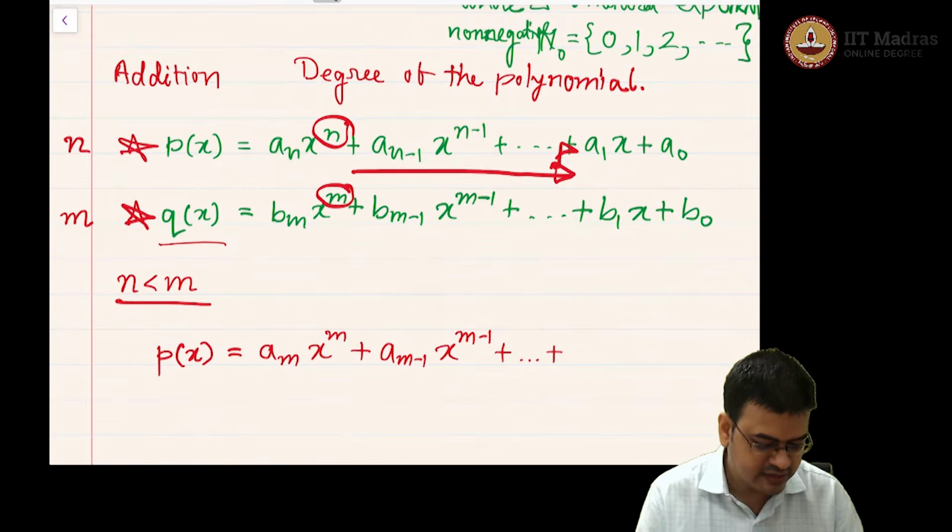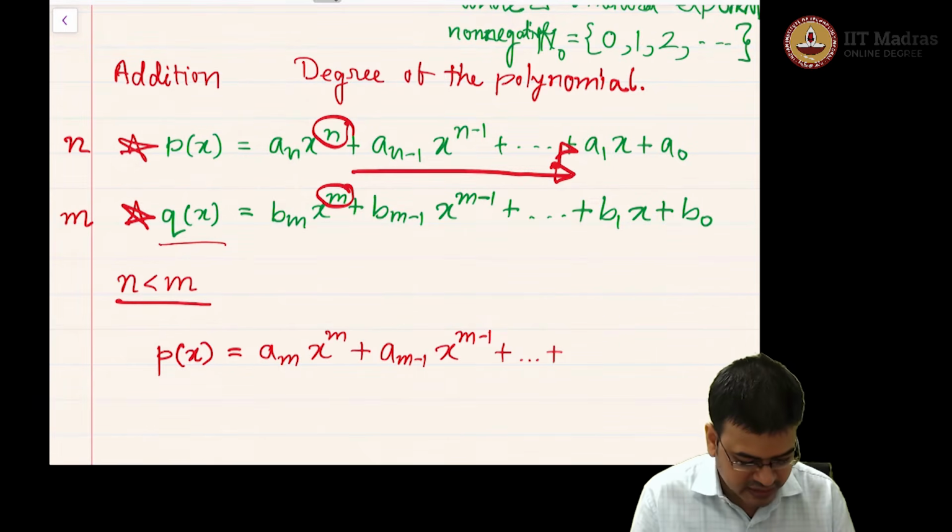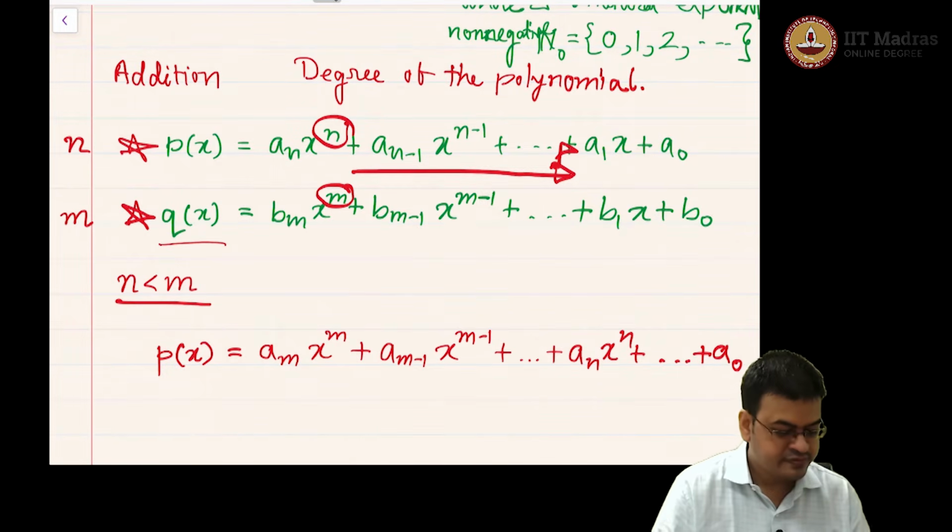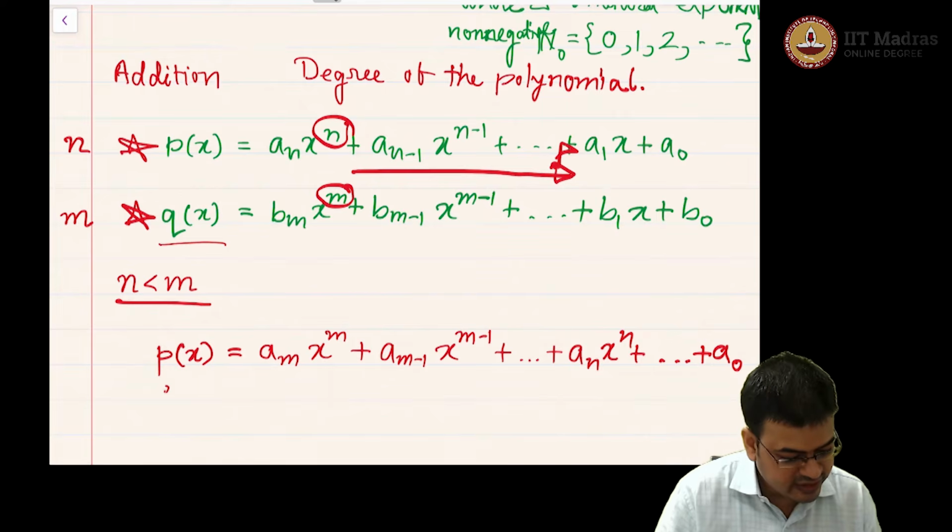Somewhere along the line my a_n will match, and that will be a_n x^n, and so on. The same polynomial continues till a_0, and then I will write q(x).